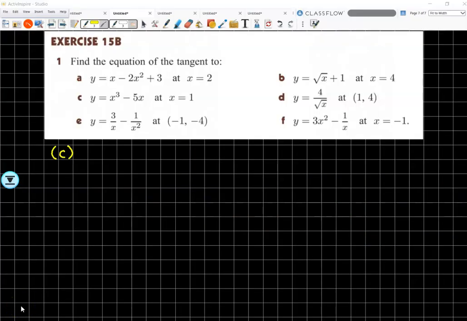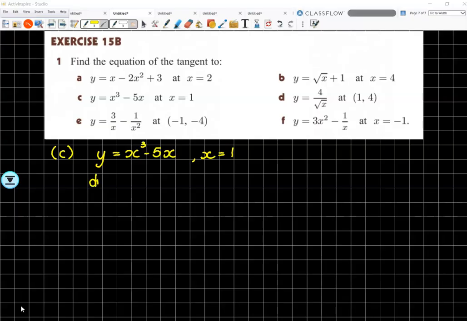Okay, C now. So you're going to do BDF, I'm saying into the recording now, later. Y equals x cubed minus 5x, and x equals 1. First step, differentiate, baby.